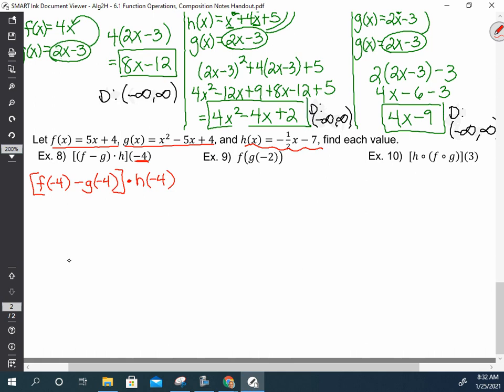So my suggestion for you is to do the physical work first. Do not try to write everything in one string. Literally off to the side, actually work out these functions. So f of -4, so 5 times -4 plus 4, that's -16.